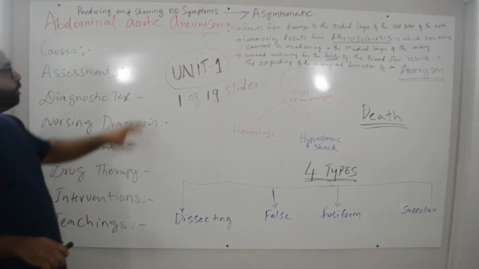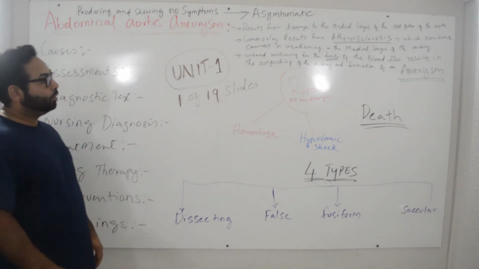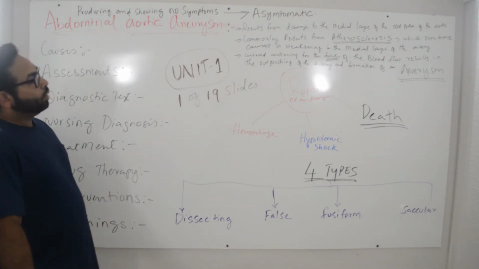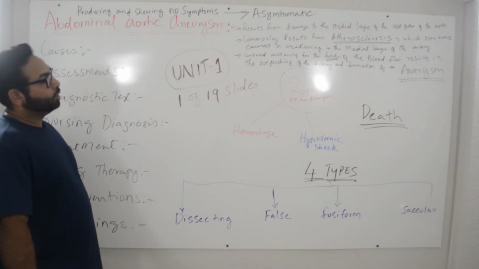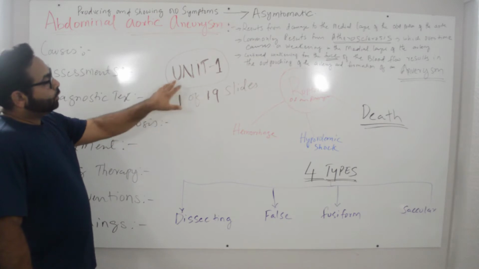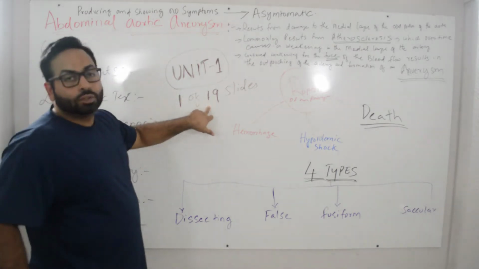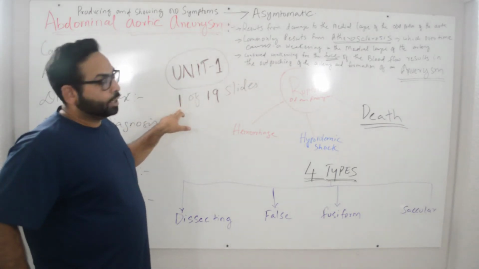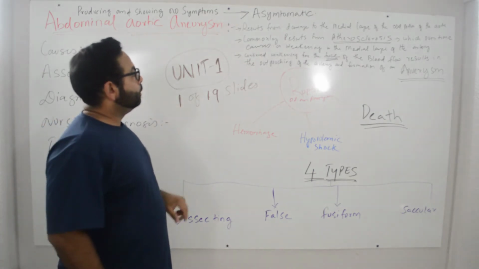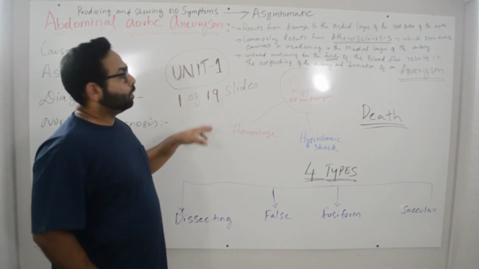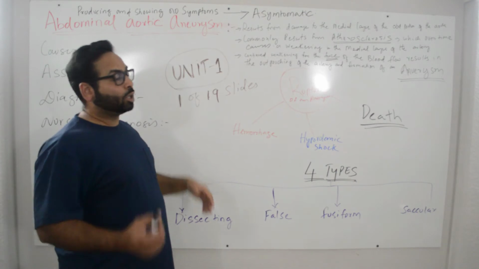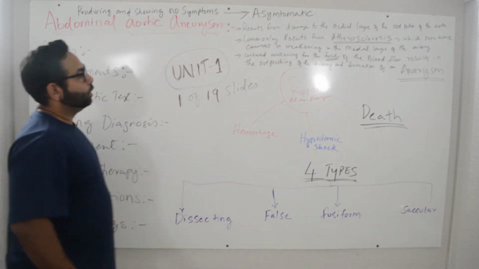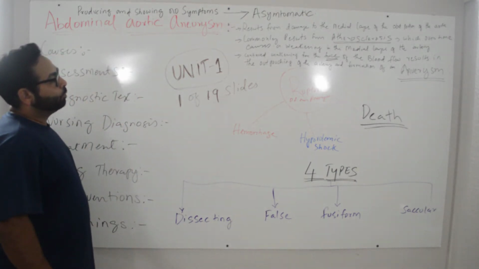So the first unit is cardiovascular system, and this is the adult portion of it. So it has 10 units. This unit has 19 slides, and this is the first slide, which means that I have to make a lot of videos, and I have to post them.